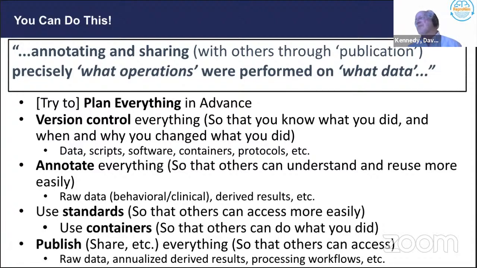And publish, and again, publish broadly, somehow share, somehow make available to others, preferably with credit to you, the author, but make everything available: the raw data, the derived results, the processing workflows, either as separate publications or at least attached to your primary publication, so that all the elements are easily attachable to each other.